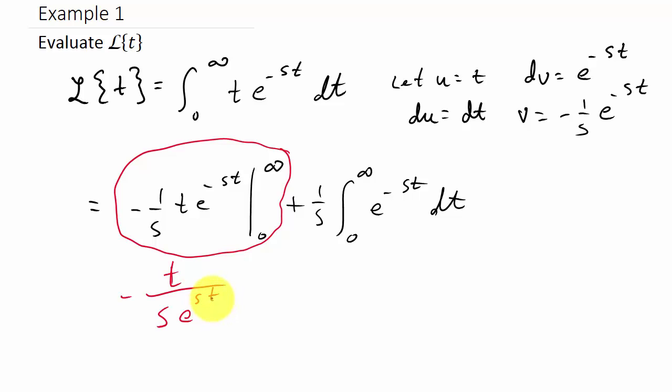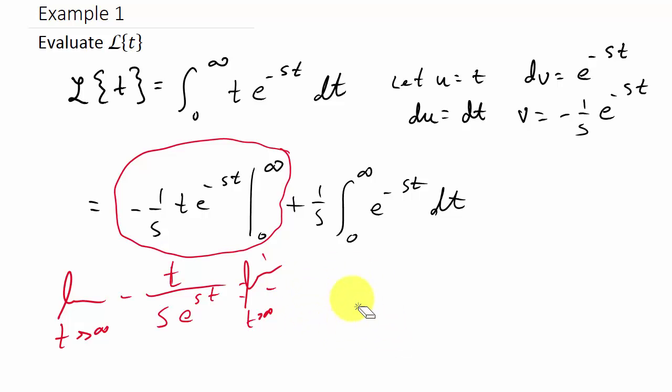So I could use L'Hopital's rule, and that would be negative 1 over, and when I take the derivative of this, it would be s squared e to the st. Now as t goes to infinity, this denominator is getting really big and the numerator's at 1, so this whole thing would be going to 0.